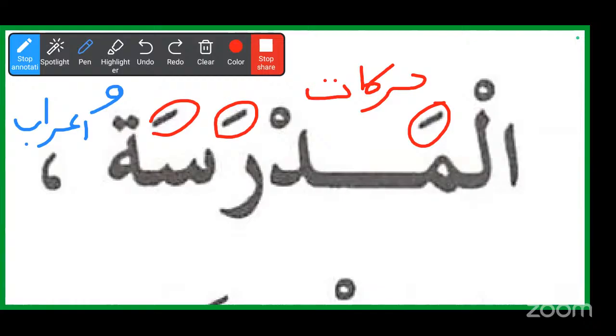Whenever you have the last letter, it has the i'rab. Markings of fatha, kasra, dhamma are just harakat, not i'rab. And the i'rab is the last sign on the last letter of a word.